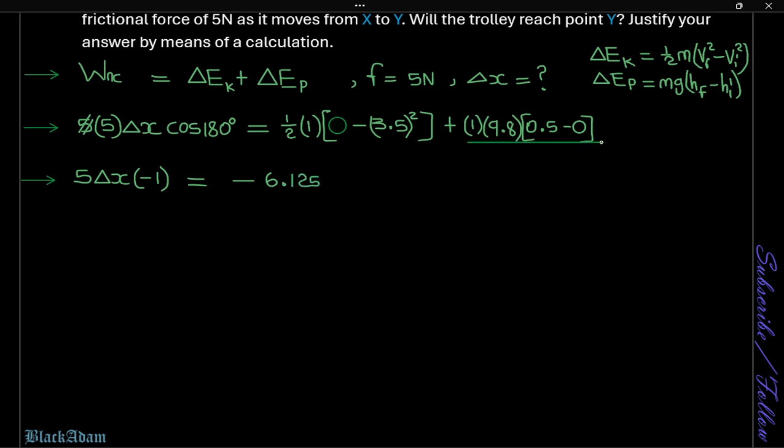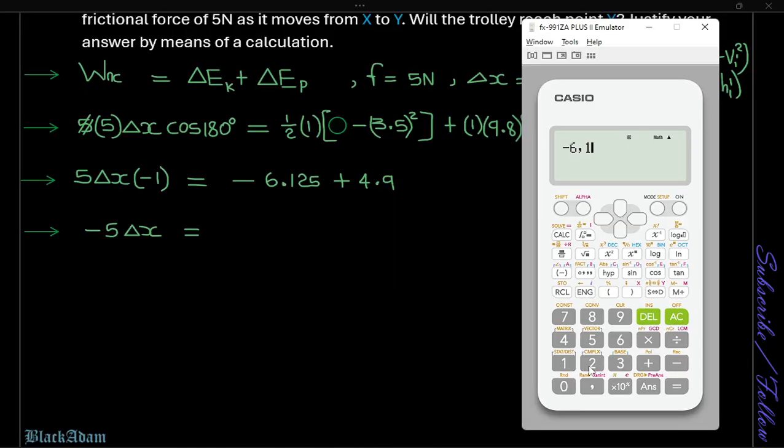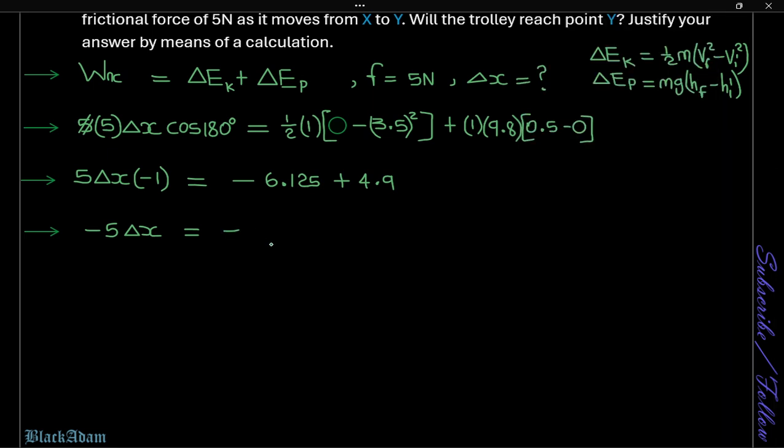And then here we have 0.5 times 9.8 is 4.9, and then we have -5 change in x. Change in x is equal to the difference of the two, -6.125 plus 4.9 gives us negative 1.225. So change in x there is going to be negative 1.225 divided by negative 5.